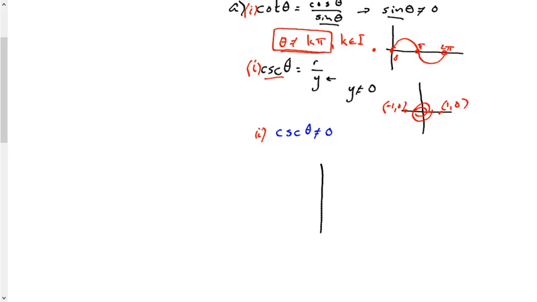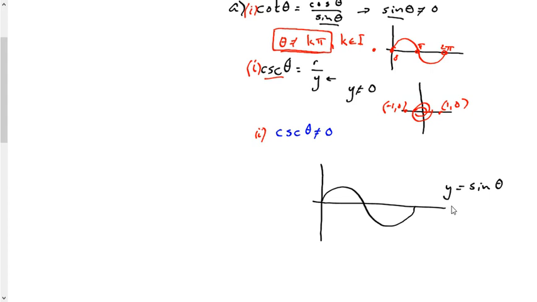What I'm going to do to begin with is sketch the graph of y equals sine x, or sine theta. The sine function curves like this. So that's y equals sine theta.